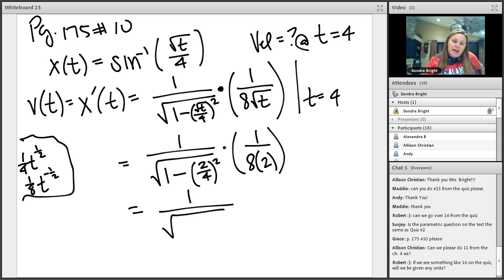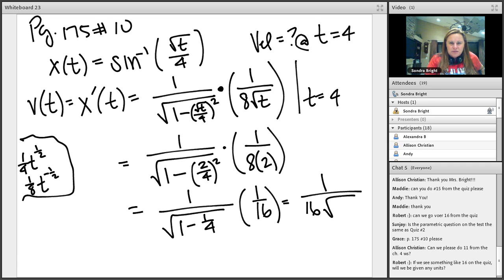Okay, what is that? 1/2 squared is 1/4. So you've got 1 minus 1/4 times 1 over 16. So what is that? 1 over 16 times the square root of 4 over 4 minus 1 over 4 is 3 over 4. So that gives you 1 over 16 root 3 over 2, which is 1/8 root 3.